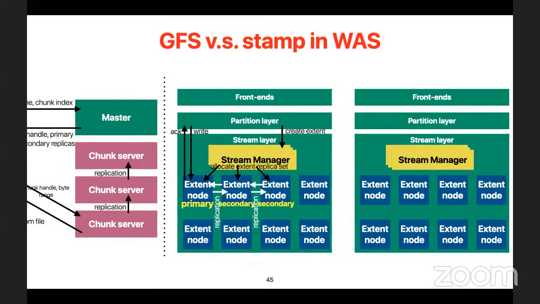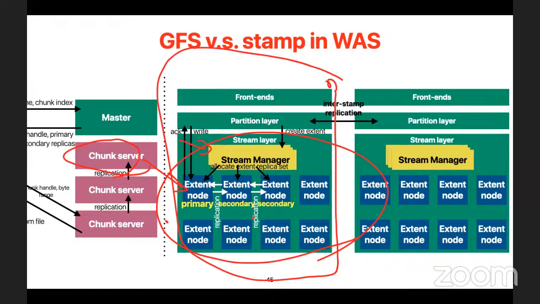And one thing that Google File System doesn't do is the replication over the Google File System level. So in Windows Azure storage, the stamp itself is considered as a Google File System, and they have the partition layer on top of it to coordinate the inter-stamp replication.